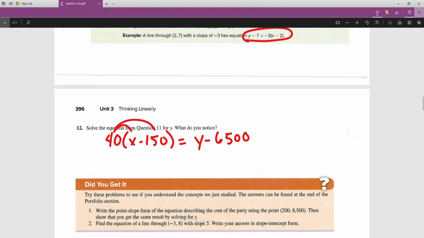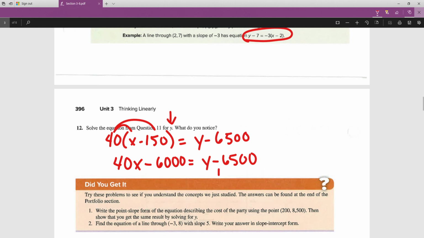That'll give us 40x minus 6,000 is equal to y minus 6,500. Let me check, is that right? 4 times, yeah, that's right. And then we're going to solve for y. It's telling us to solve for y.